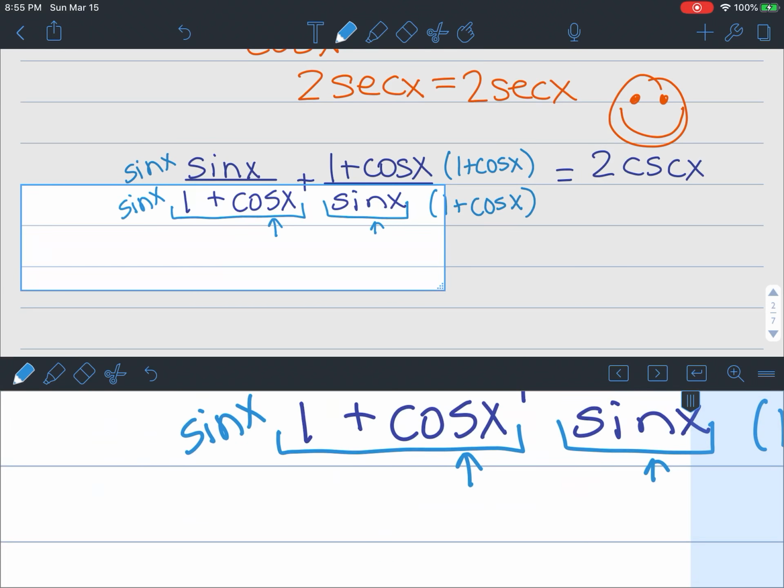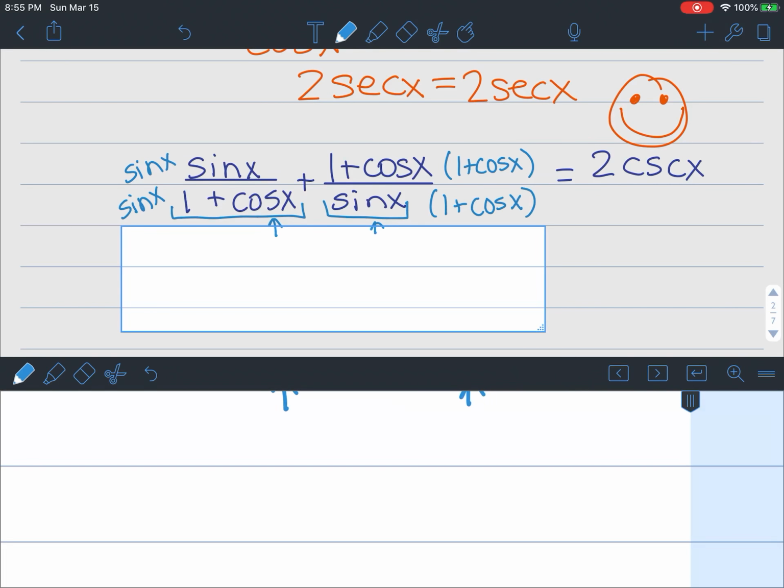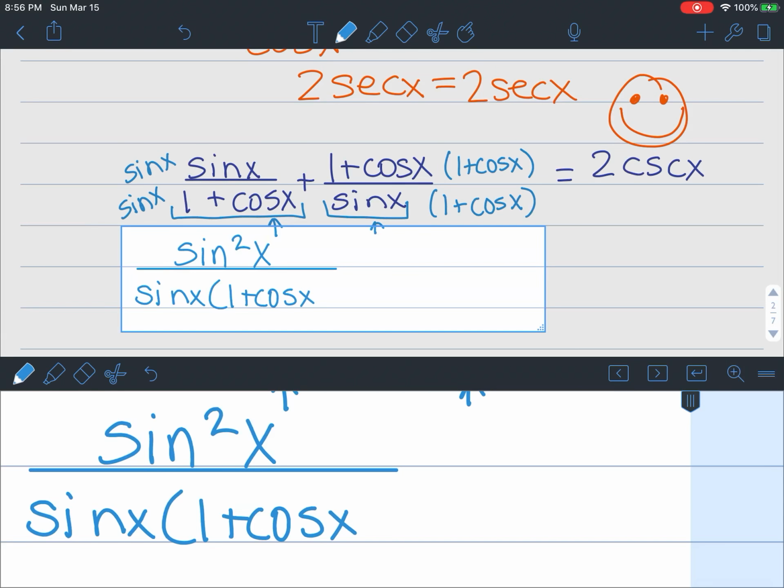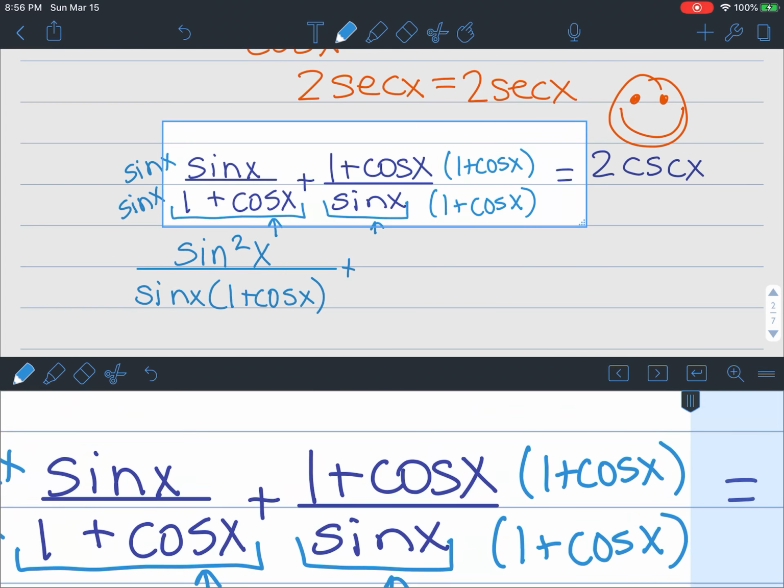Okay, so we're going to simplify the tops, but we're not going to worry about the bottoms. The top of the first fraction will be sine squared x, and the bottom of that fraction we'll just leave as sine x times 1 plus cosine x. We won't distribute anything, because that'll get yucky.